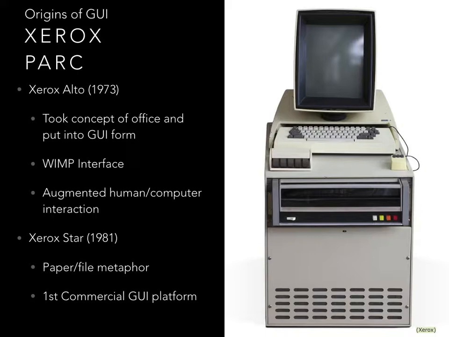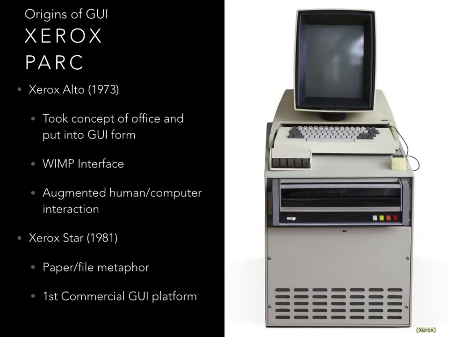This desktop metaphor, as it has become known, would make it easier for users to visualize what they were working on. And the Xerox Alto was the first computer system to use a WIMP interface, which stands for Windows, Icons, Menus, and Pointing Device. WIMP is now essentially what every desktop operating system, not iOS, uses today.